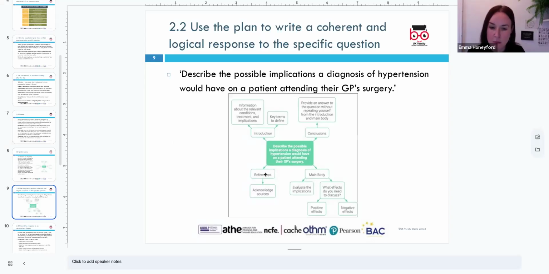And then you've got your references at the bottom. So you've acknowledged all your sources, any examples that you've given, and that gives it scientific rigour, because it shows that you have used proper theoretical examples and backed that up with your references.